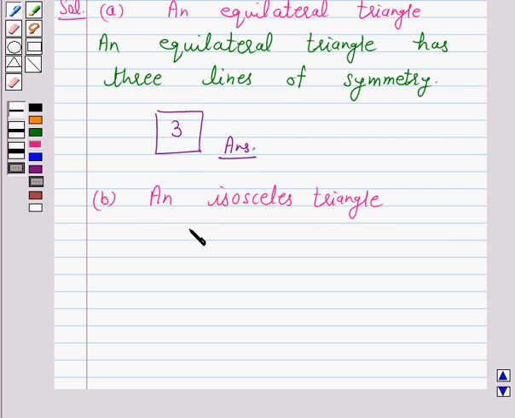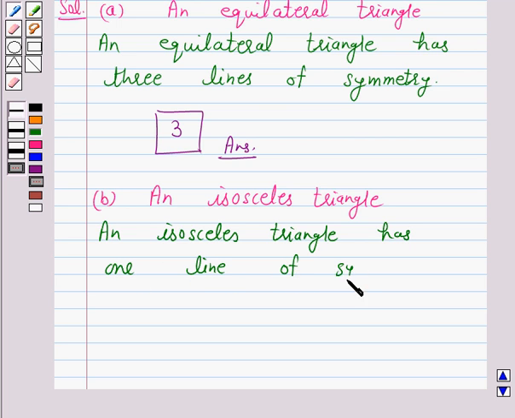So, here we can have only one line about which, if this figure is folded, the two parts of this figure will coincide. Hence, an isosceles triangle has only one line of symmetry. Hence, the answer for this part is 1.